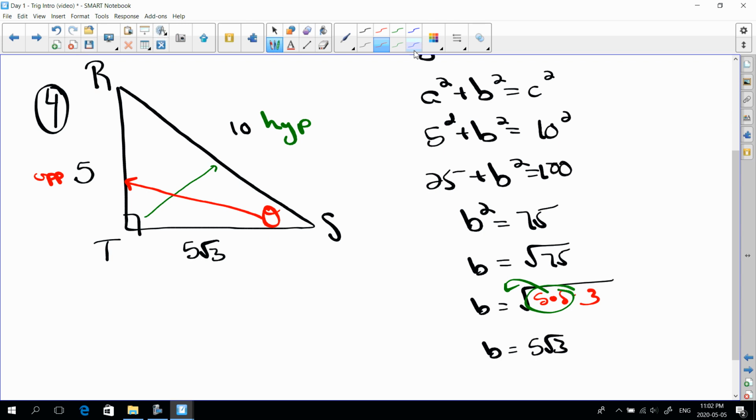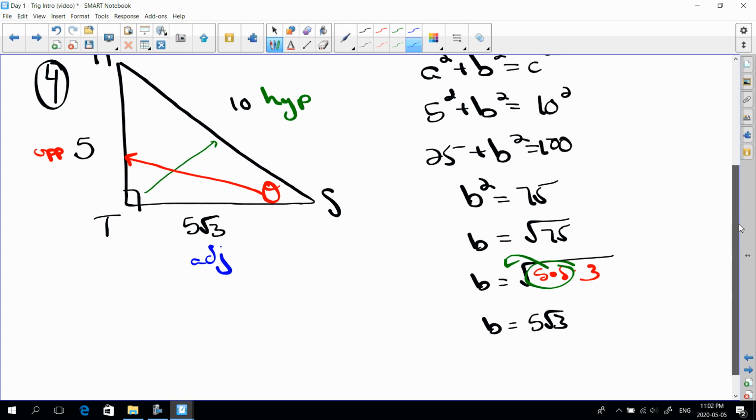And by default, or by process of elimination, this is the adjacent. Now, if they switched theta from angle S to angle R, the hypotenuse doesn't change, but these two guys would flop. Okay? This would be the opposite, this would be the adjacent. Not the case in our example.